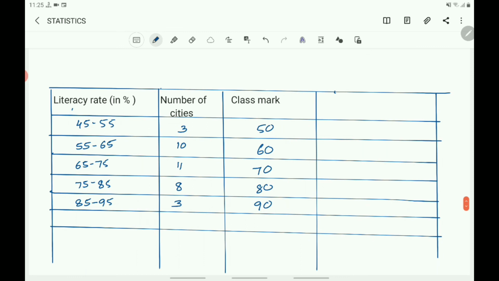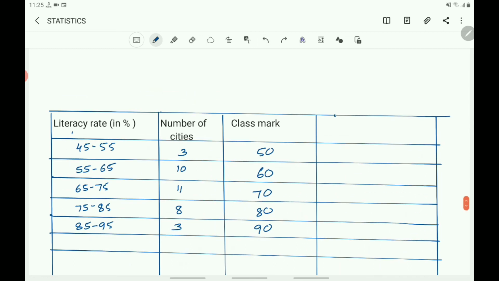Then find the product of this and this. Product of these two, for each row. So you write this is xi, this is fi, the product of fi and xi. 5 3s are 15, 50 times 3 is 150.